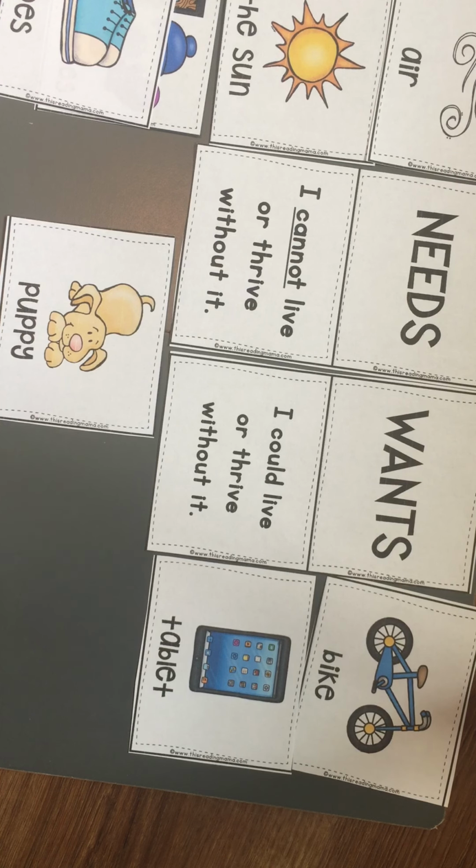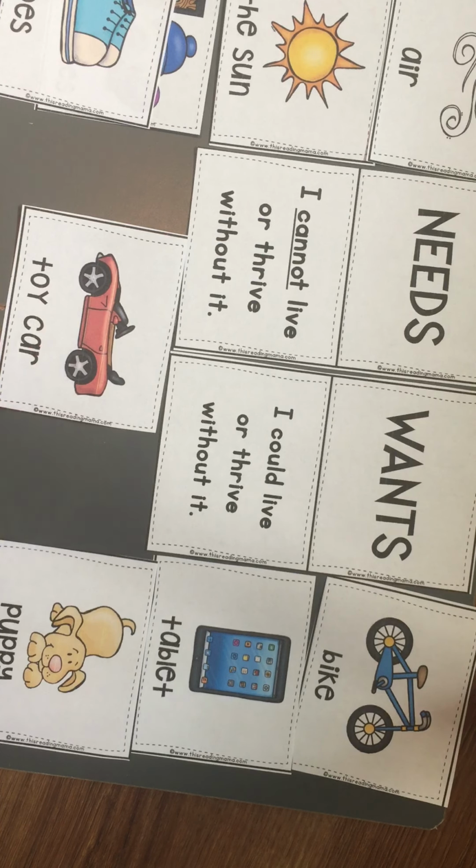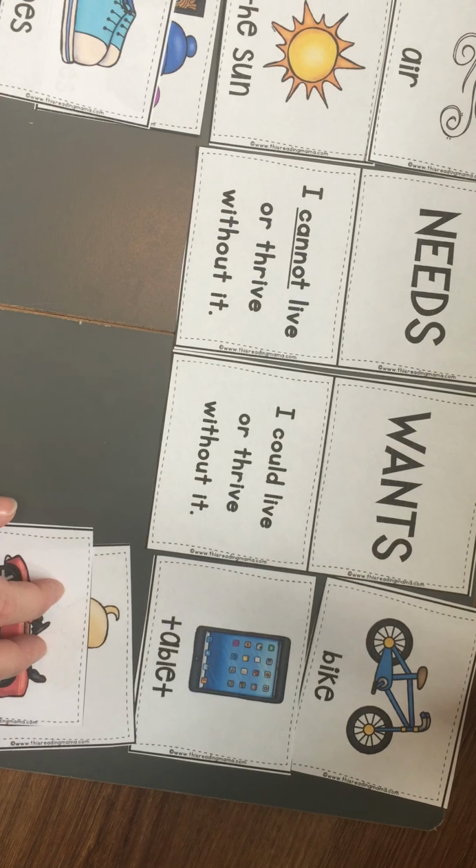How about a puppy? Do we need a puppy or do we just want a puppy? Yeah, we probably want a puppy. How about a toy car? Do we need a toy car or do we want a toy? Again, we probably just want a toy.